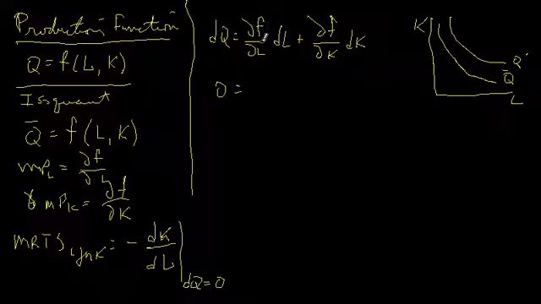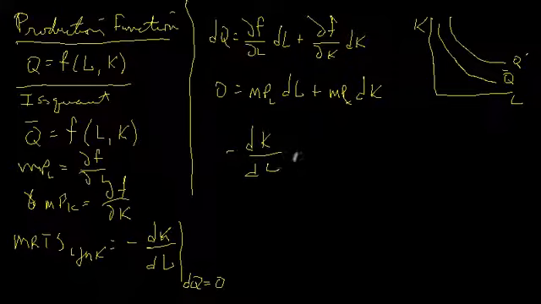Recalling that the partial derivative of f with respect to L is just the marginal product of labor, and similarly for capital, df/dK is the marginal product of capital, dK. And referring again to our definition of the marginal rate of technical substitution, we see that minus dK over dL is going to be equal to the marginal product of labor over the marginal product of capital.